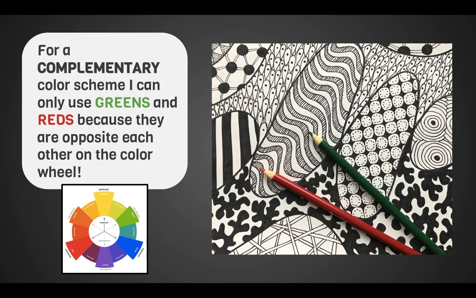I hope you answered red, because with a complementary color scheme, I can only use greens and reds if I want to start with green, because red and green are opposite each other on the color wheel. That's a complementary color scheme. So I cannot use blue, I cannot use yellow.